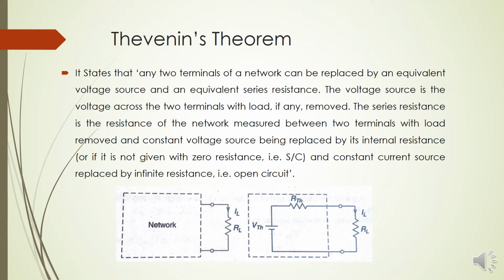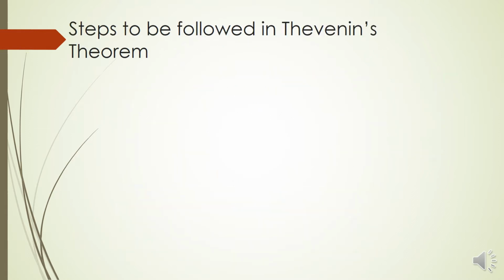The series resistance is the resistance of the network measured between the two terminals with the load removed, and the constant voltage source replaced by its internal resistance, and the constant current source replaced by an infinite resistance. So the complete network can be replaced by VTH and RTH.